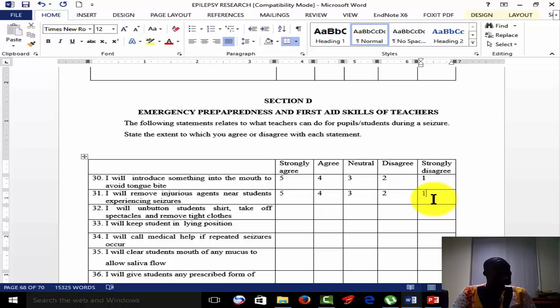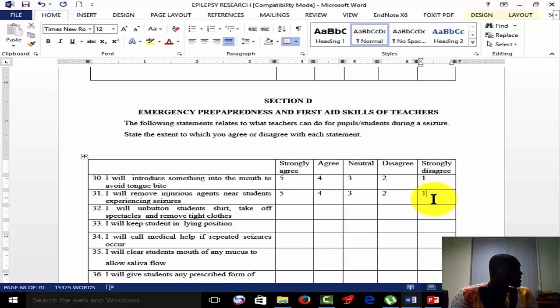Fafa said, strongly agree. Then the other one: I will remove injurious agent near students experiencing seizures. Fafa said, strongly disagree.